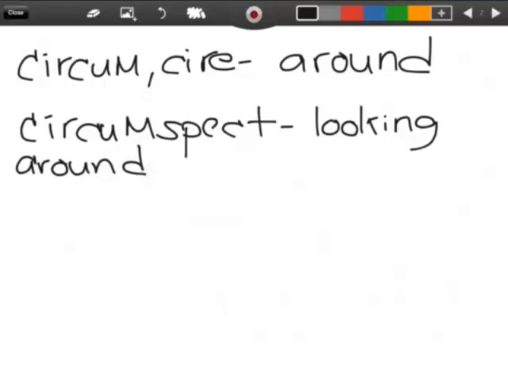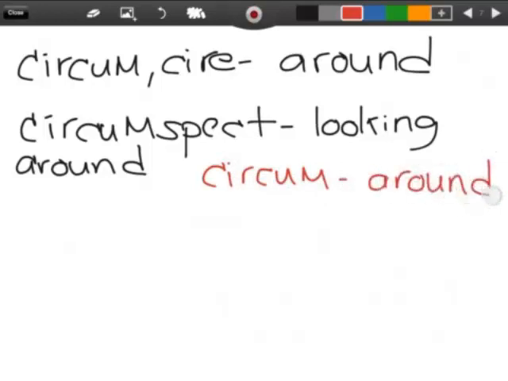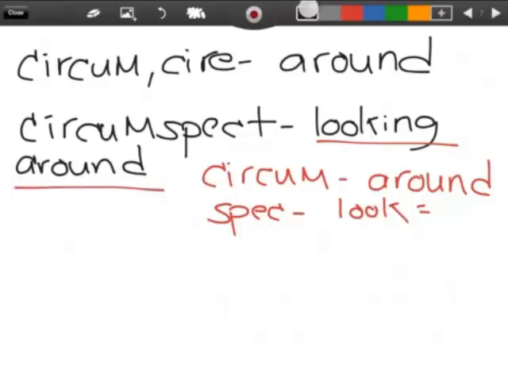Now when we take circumspect, I'm going to show you guys right now. First of all, let's write circum. Circum means around. And we're going to see in our upcoming lessons, for example, spec. Spec means to look. And when we combine these two together, you get looking around.